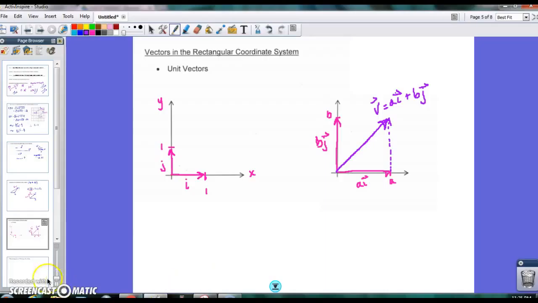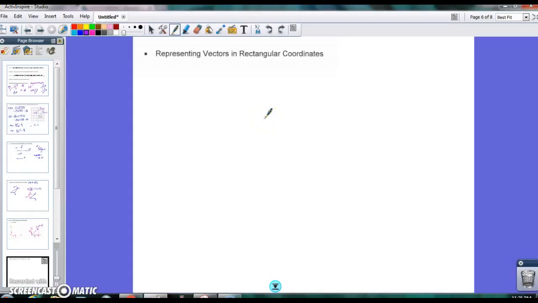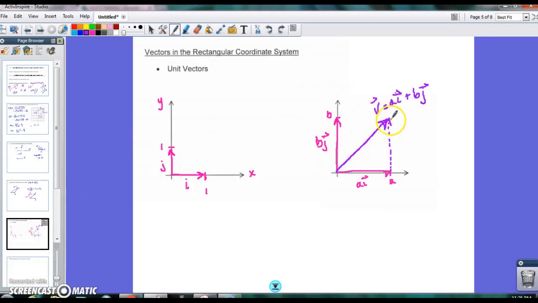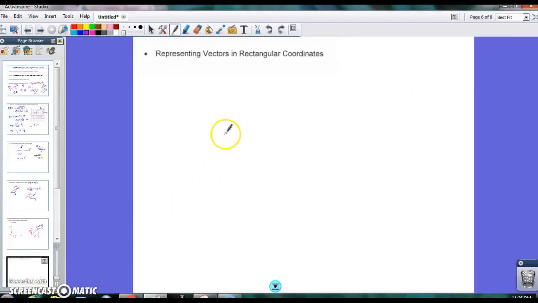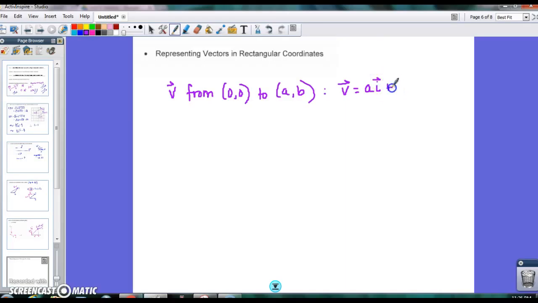So when we're representing vectors in rectangular coordinates, we're always measuring from the origin, or from 0, 0, to some point (a, b). So in that previous example, this point right here is the point (a, b), if you think of it that way. And so if I have the vector v from the origin, from 0, 0, to the point (a, b), my vector v then can be represented as ai plus bj.